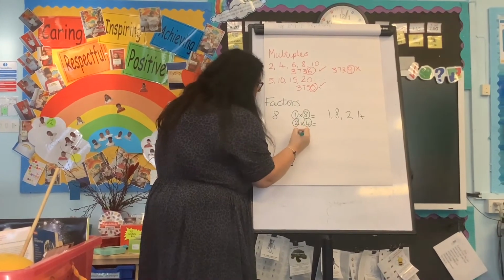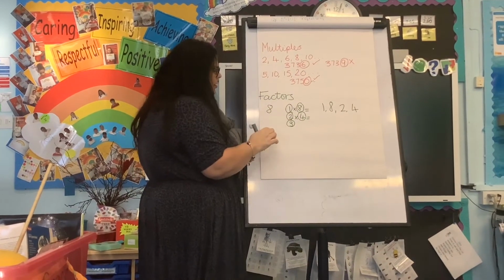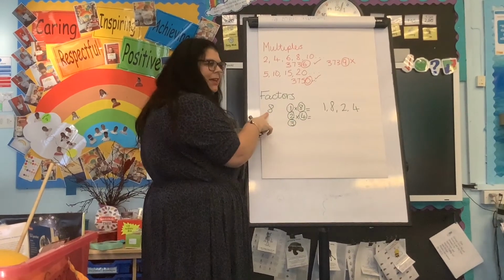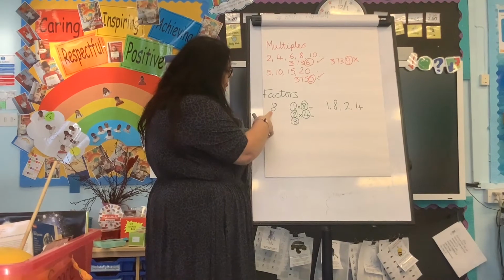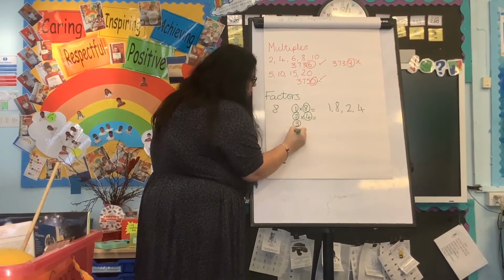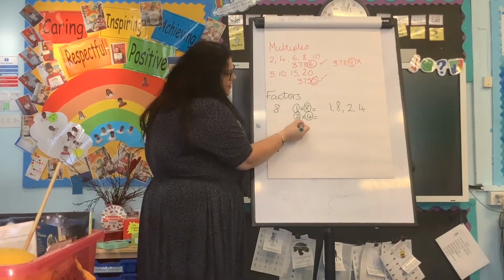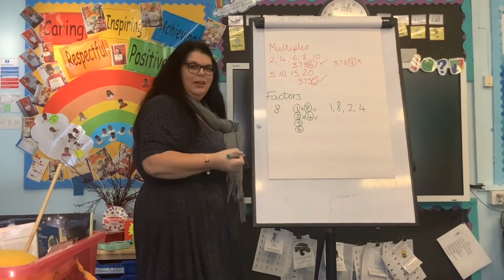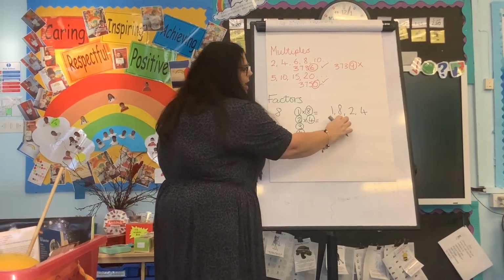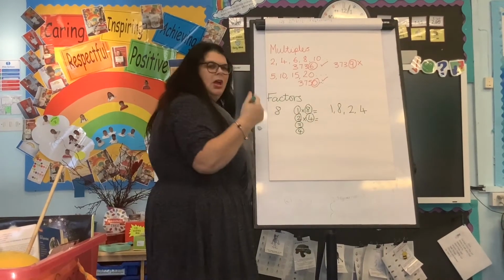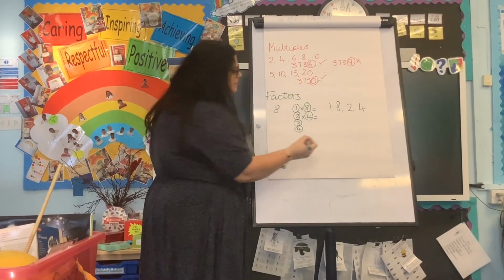What about number 3? Can I times 3 by anything to make 8? No, I can't, not to make an even number. And 4, well, I know I can because I'm just going to do the inverse. So that's it, I've got to all my numbers. The factors of 8 are 1, 8, 2 and 4. And normally you'd write them in order.